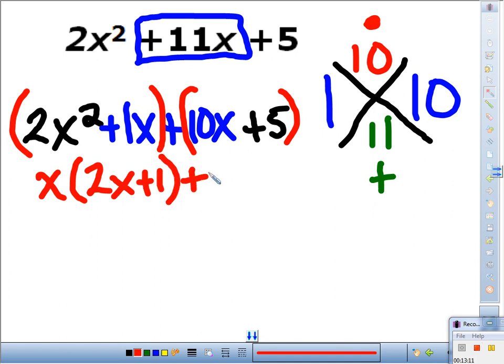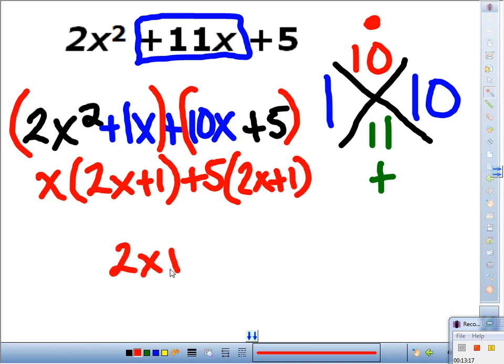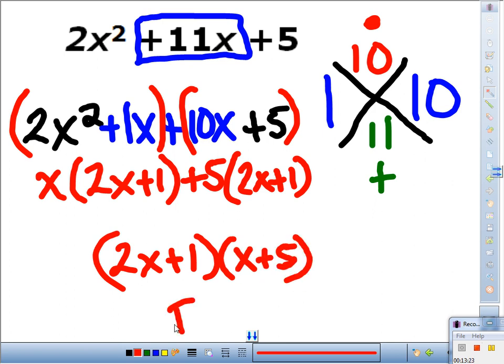GCF here is 5, and we're left with 2x plus 1. My factors are 2x plus 1 and x plus 5. These are my factors. All right? Show me with your fingers how comfortable you are up to right there.